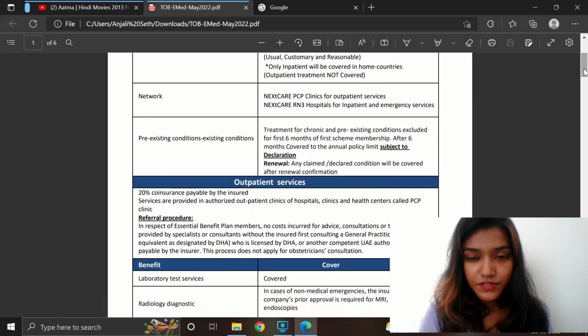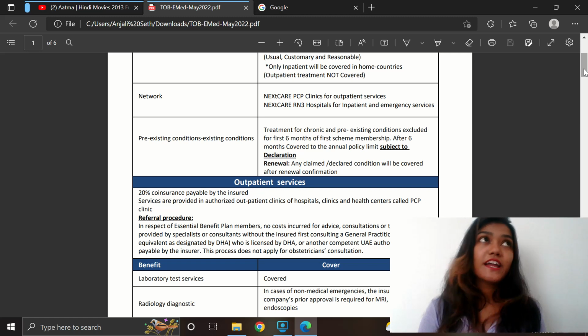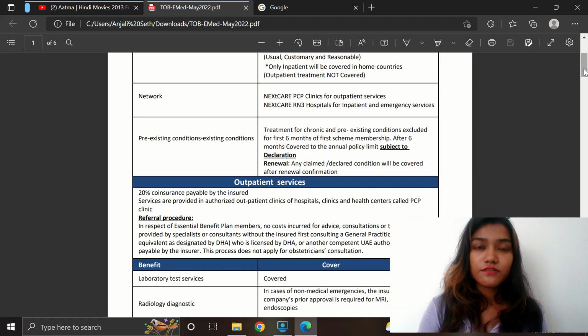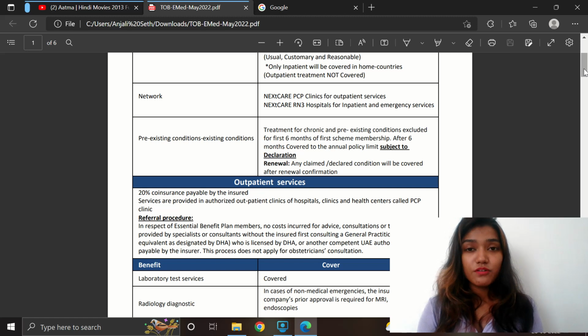If you have any kind of pre-existing disease, like BP, sugar, or a heart condition or something like that, then in that case it will not be covered strictly right from the start. It will be covered after 6 months.